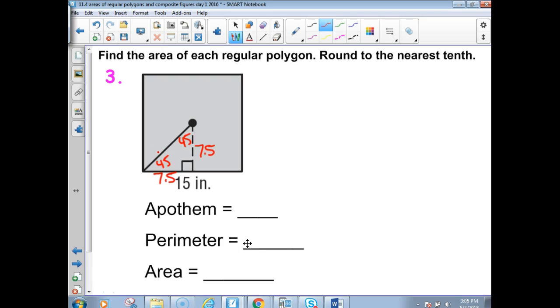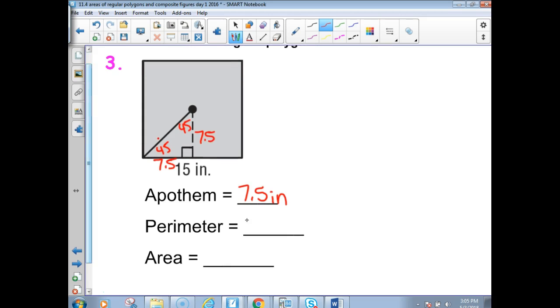Now, I hope somebody's seen something about this problem then. I hope you might have noticed something. Has anybody seen a simpler way to get the area of this thing? Apothem's half of... It's not, actually, because this would be a radius, and this is 7.5 root 2. So it's half of a side.